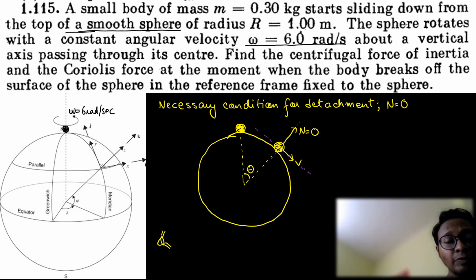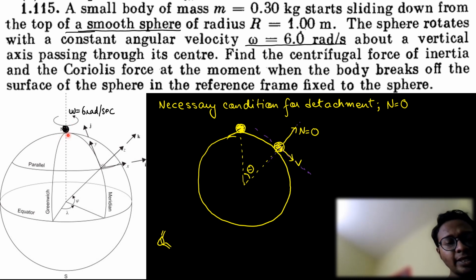Smooth sphere means what? This sphere is frictionless. That means this ball won't be interacting with the sphere, no matter the rotational velocity. Just imagine there is this sphere, and on top of it there is an air cushion between the ball and the sphere.